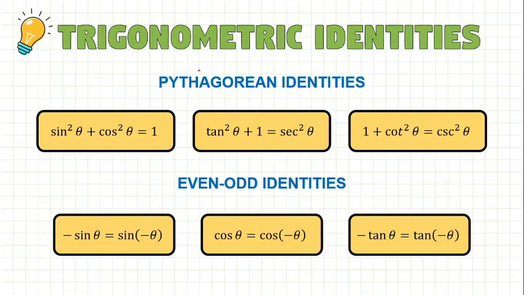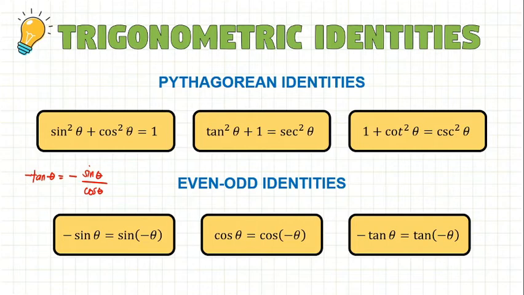Or if you are going to check that one, for negative tangent theta, we will have negative of sine theta over cosine theta, from our quotient identity.